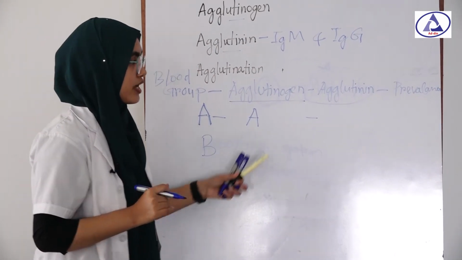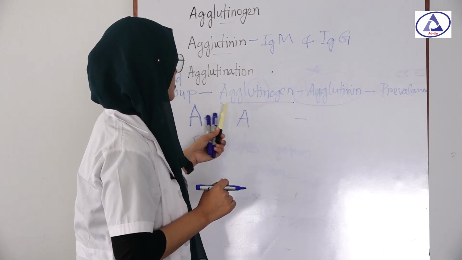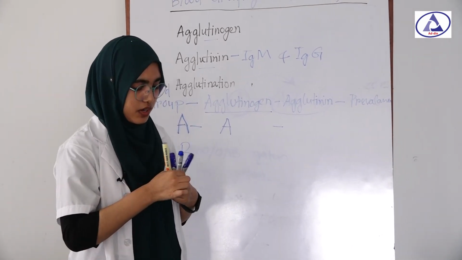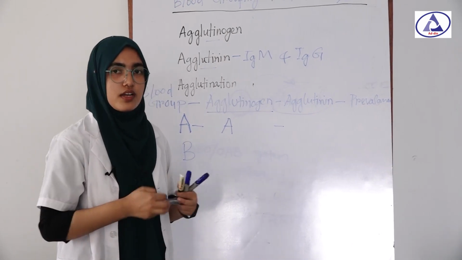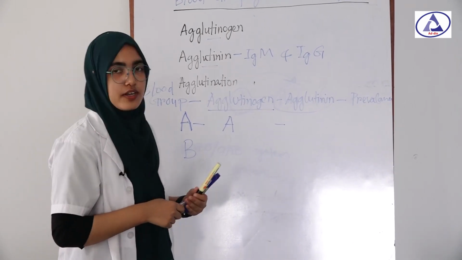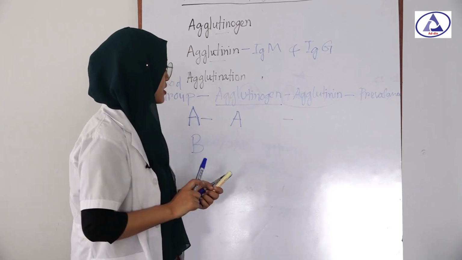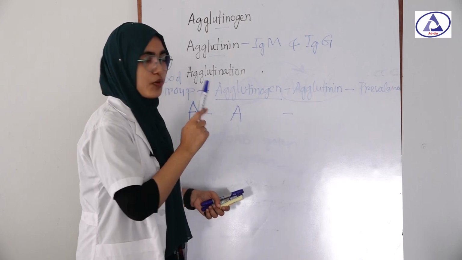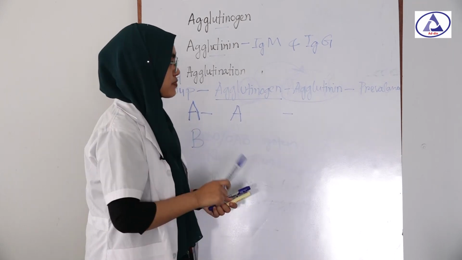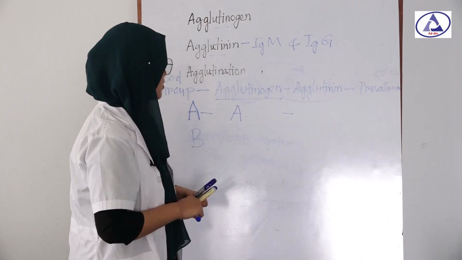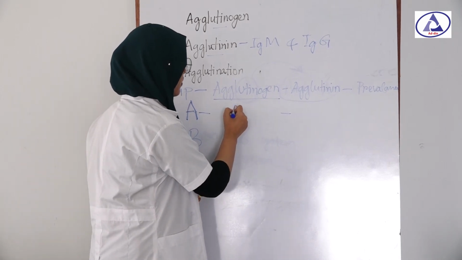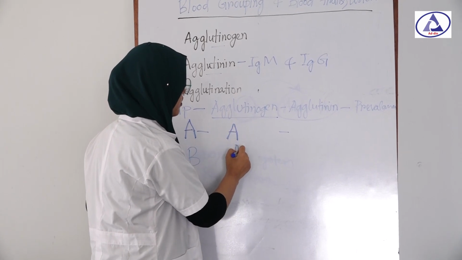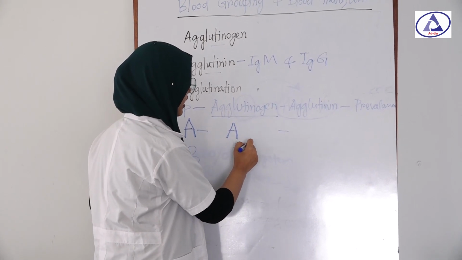For understanding the agglutinogen and agglutinin of the ABO blood grouping system, let me tell you one law, that is Landsteiner's law. This law has two parts. The first part is, if an agglutinogen is present on the surface of RBC, the corresponding agglutinin will be absent from the plasma. So we know for agglutinogen A, its corresponding agglutinin will be anti-A.